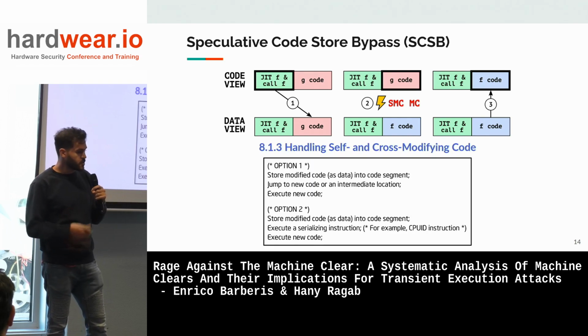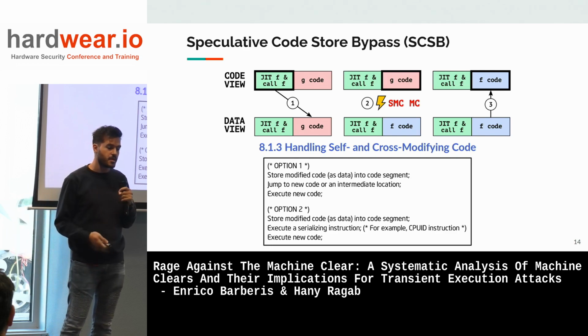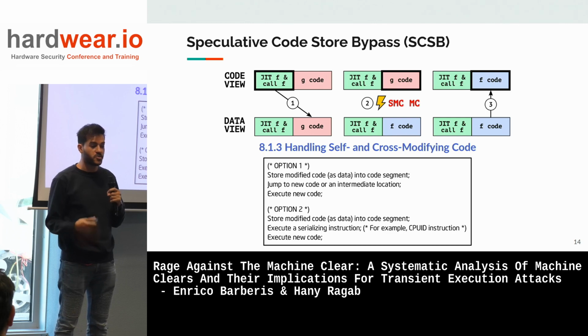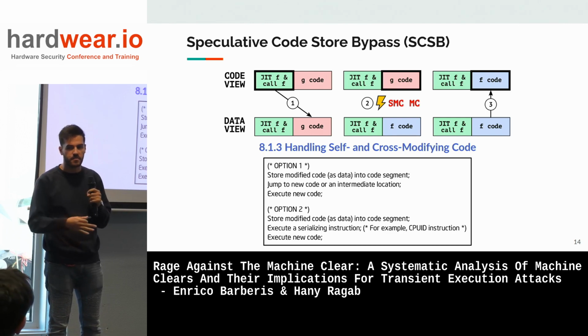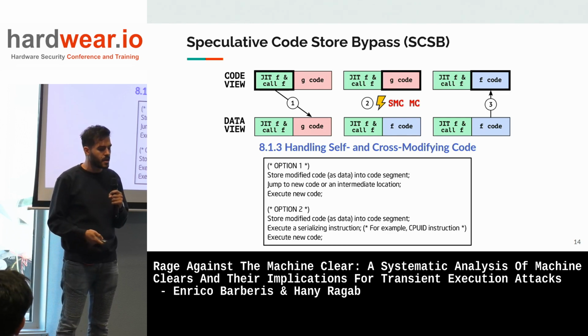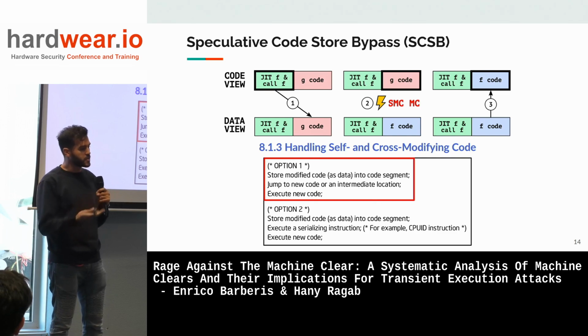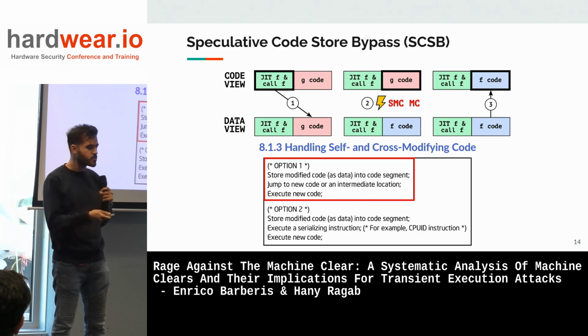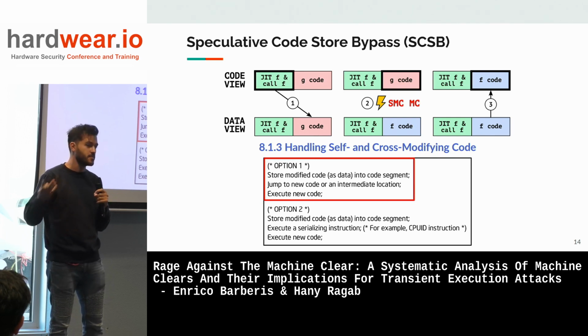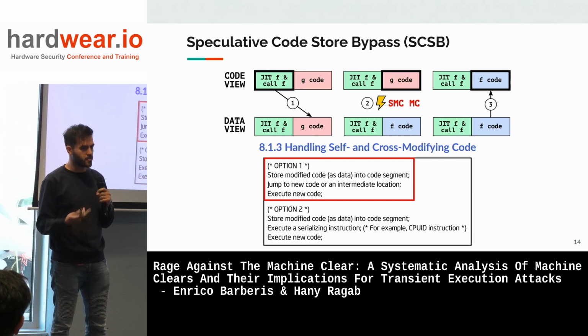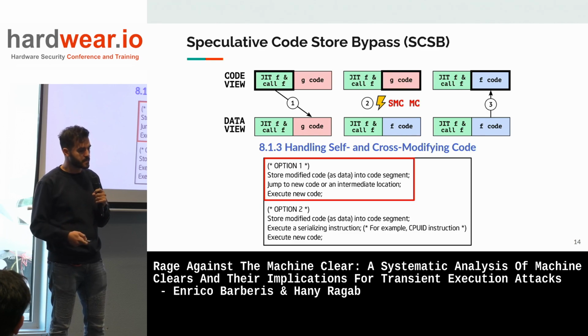We looked during our reverse engineering at different manuals. One of them is the Intel developer manual, which suggests 2 options to handle self-modifying code and cross-modifying code. And interestingly, option 1 describes the same exact steps of our attack primitive. So any software relying on option 1 to handle self-modifying code or cross-modifying code is basically performing an attack without knowing it.